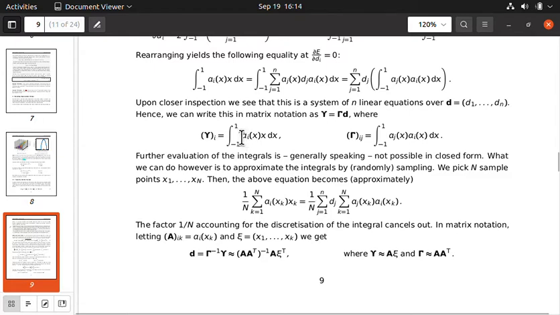Instead of analytically doing this over all the x values, we randomly sample a bunch of x values, or regularly sample x values. Just choose a bunch of different x values, go ahead and compute this, and then what the integral says is just add them all up. So that's exactly what we're going to do here.